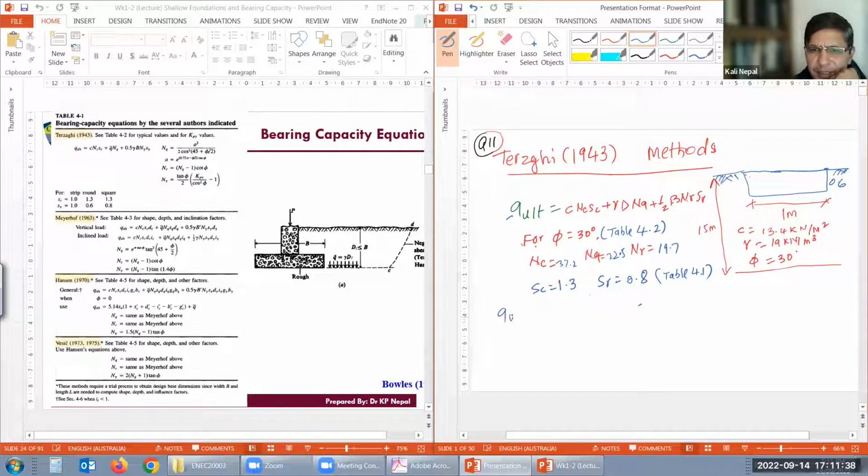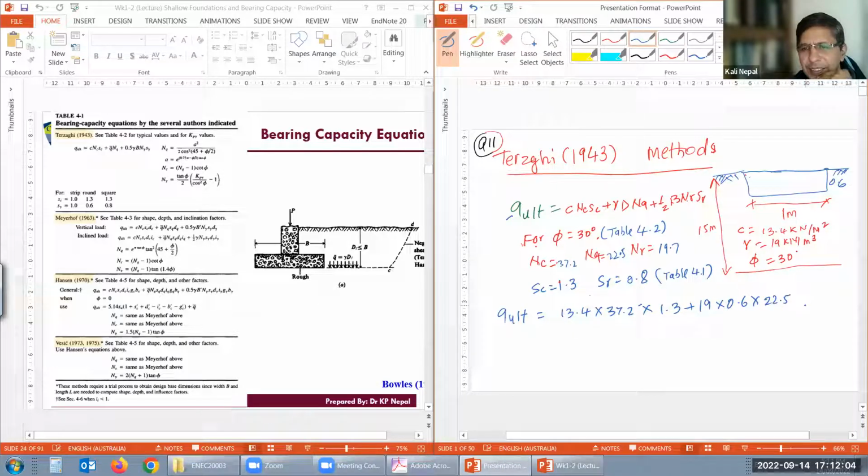Good. So now you substitute here. Q ultimate equal to C, how much is C? 13.4 times Nc, 37.2, times Sc, which is 1.3, plus gamma is 19, times depth is 0.6, times Nq is 22.5.